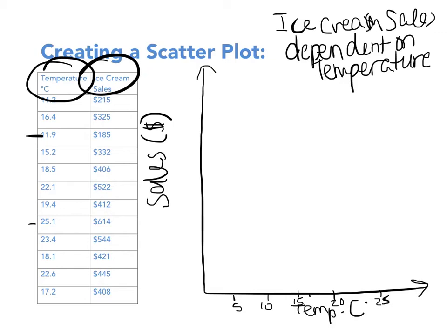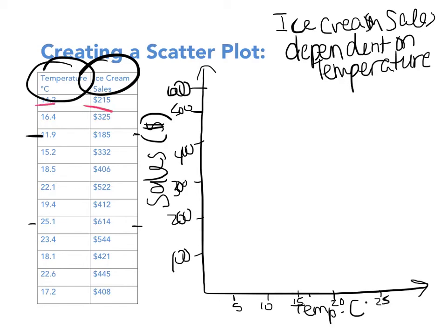X is independent, y is dependent. I need to go up to 614, and my lowest is 185, so I'll just start at 100. 200, 300, 400, 500, 600. Great. And then I just can go ahead and plot my points.